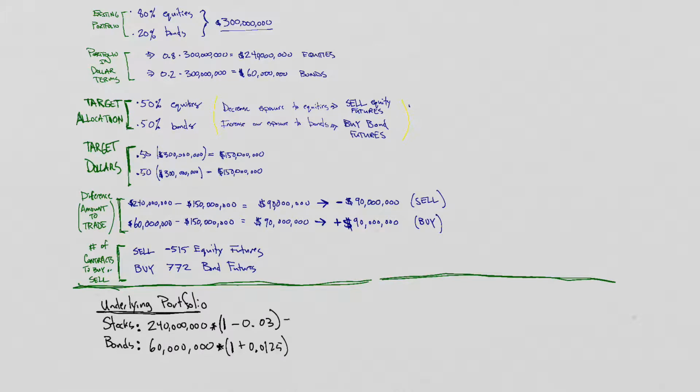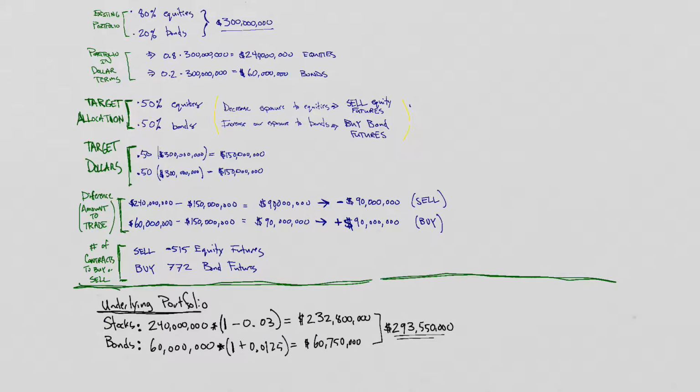This means that after these market movements, your equity portfolio has dropped, while your bond portfolio has risen slightly. And on net, the portfolio as a whole has dropped a little, by about $6.5 million.